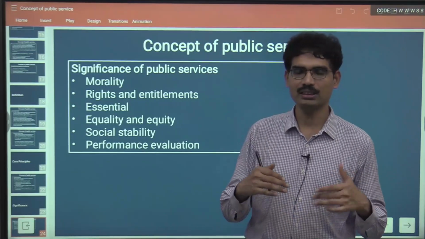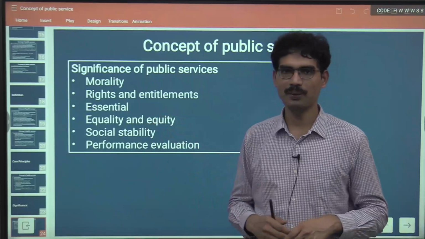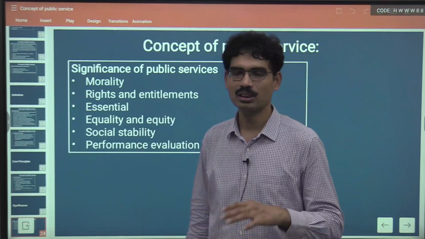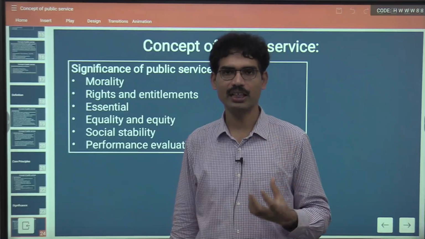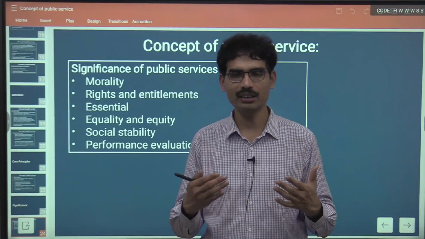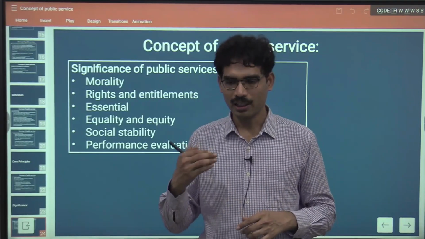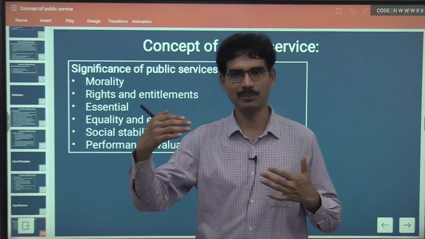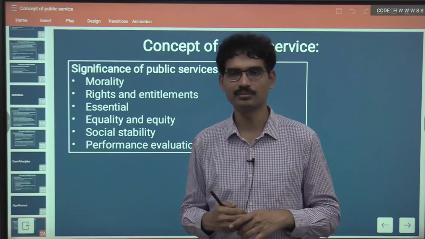Public service is about following those principles, following morality, rights and entitlements, the people's rights, equality rights, fundamental rights like equality, liberty. If people want to move from one place to another place in India, they must be allowed, rights must be respected.